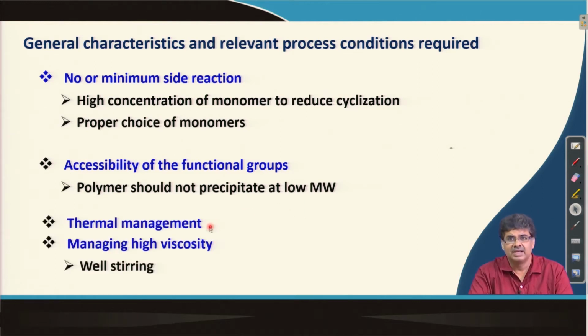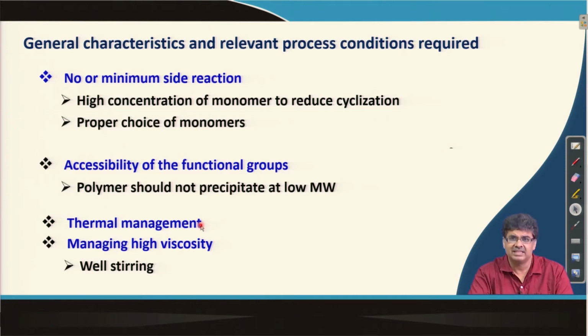And of course, as we know, all the polymerization processes are exothermic, because in the polymerization process we are creating new bonds, and any bond creation is an exothermic process. So, during the polymerization process, heat is generated, and as a result the local temperature of the mixture becomes high. If the local temperature becomes much higher, then it can degrade or cause some side reactions in the polymerization process.